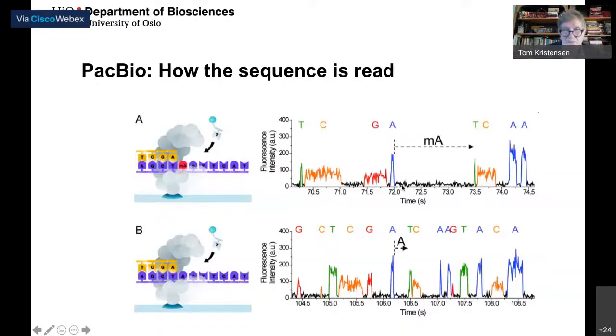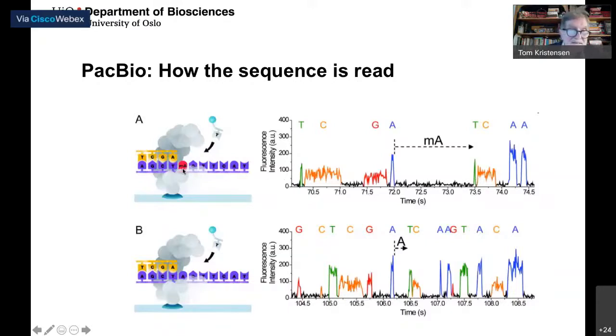This slide also shows that one should be able to distinguish modified nucleotides from normal nucleotides based on, in this case, the distance between the blue signal here and the next signal, the green T signal, which is coming afterwards.